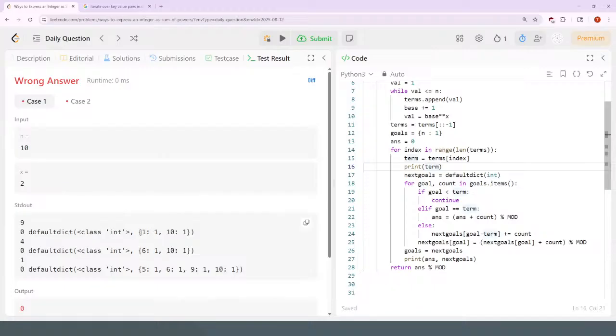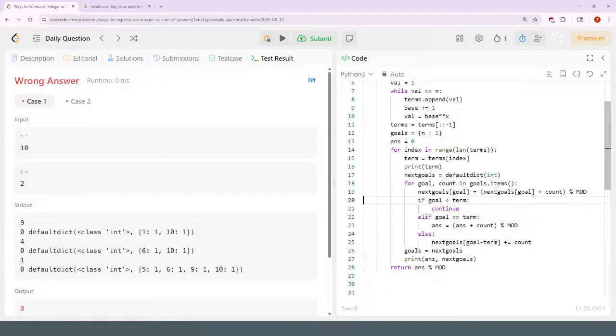Oh, I see. This 1, 1 needs to keep. So even if the goal is less than the term, it still needs to keep it. I guess it always needs to keep it. So yeah, this always needs to keep. So something like that right there.